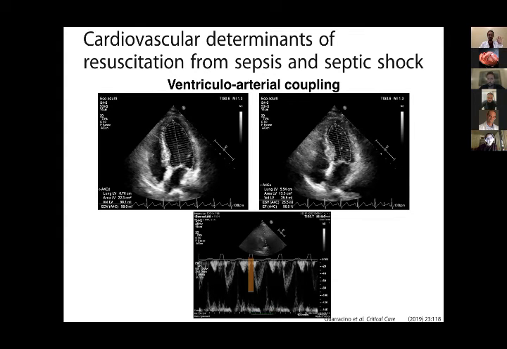We got a couple of indices. The first one is the non-invasive index to assess the ventricular arterial coupling of the left ventricle. It has been published in the septic shock environment, in mitral regurgitation and MitraClip, not specifically in cardiogenic shock but more in distributive shock.